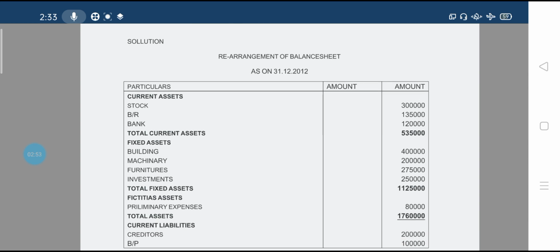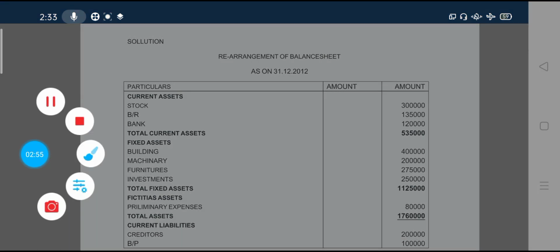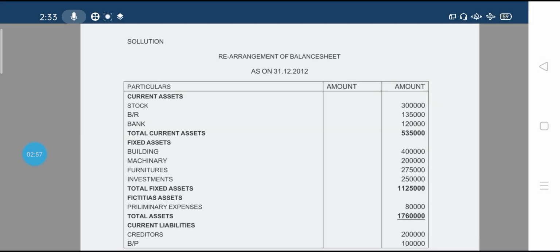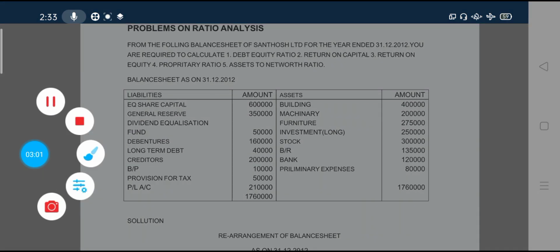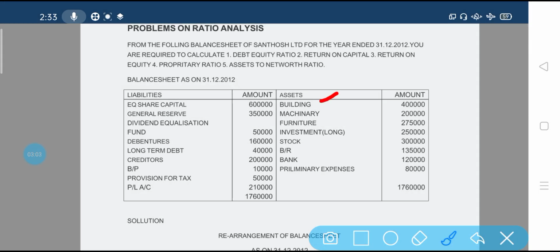Then we can take the fixed assets. Let's see what all the fixed assets are given in the problem: building, machinery, furniture.